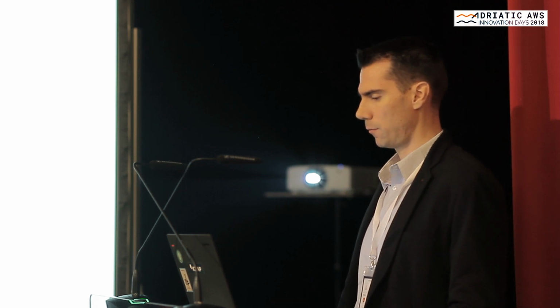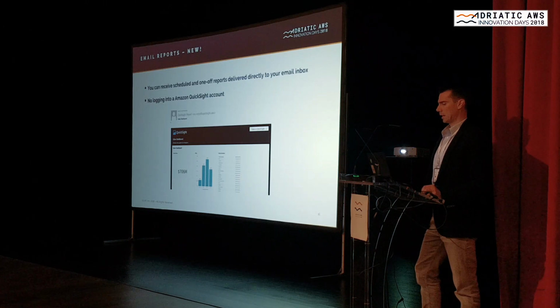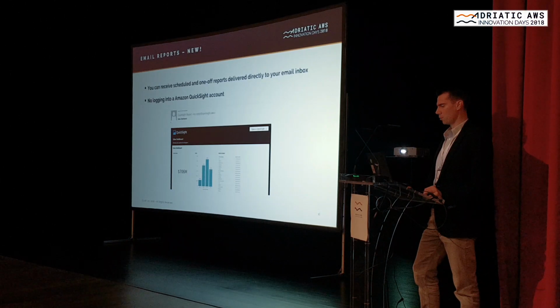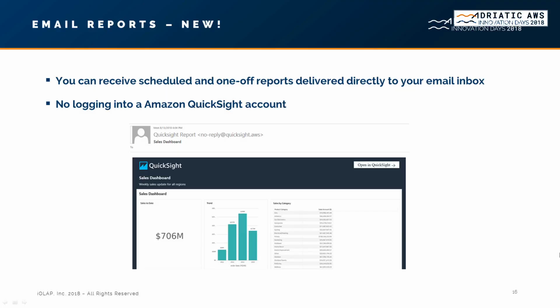Also, a new thing from a few months ago, Amazon added sending email reports. With email reports, you can receive scheduled reports delivered directly to your email inbox. You can see all your data without logging into QuickSight.